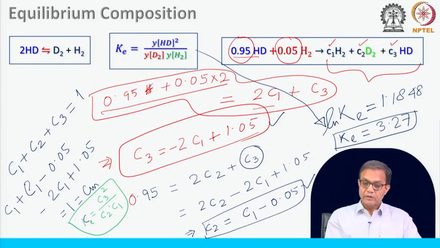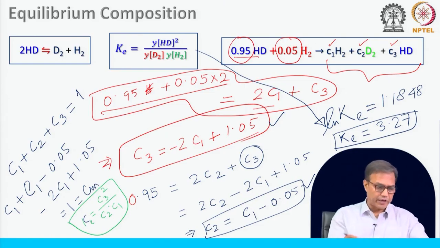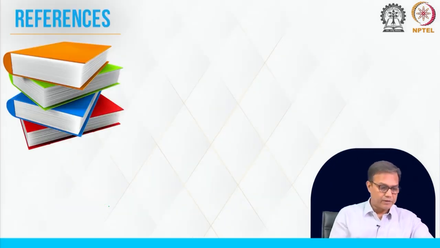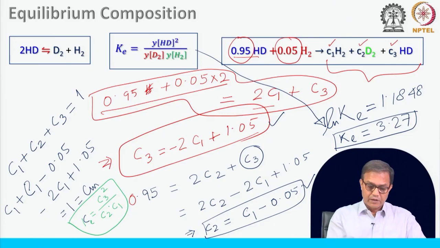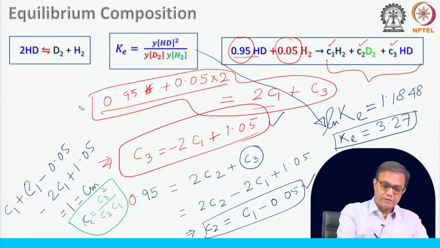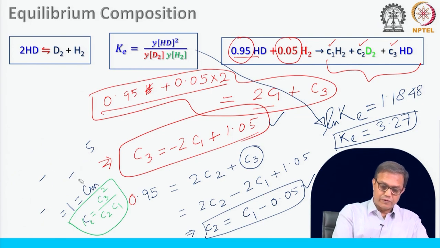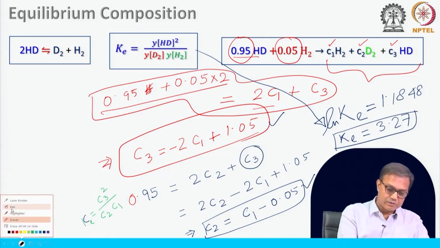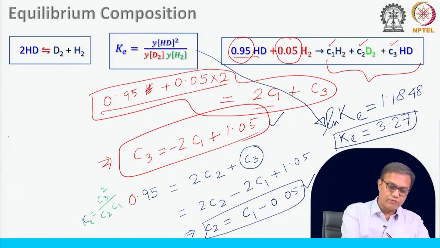So, to obtain the equilibrium composition of this reaction, if we solve it, we will find that C1 is supposed to come as 0.288, you can try to solve it.